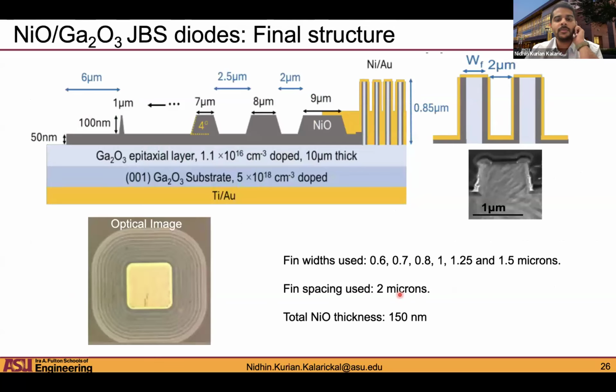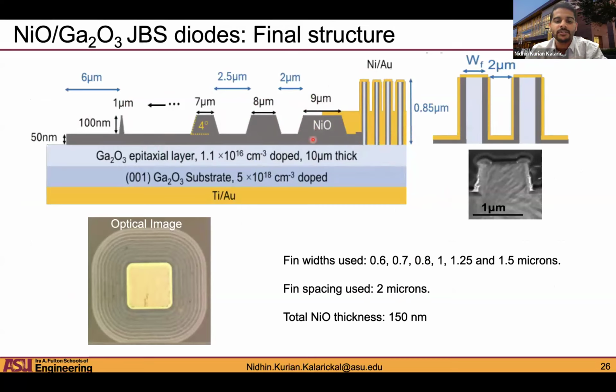So for our final JBS diode, we combine the trenches along with this junction termination extension to have our final devices. In the center of the device, you have these trenches, which is the active region of the device. This is where the current will pass. And the edge termination is done to mitigate the peak electric field at the edge of the device.